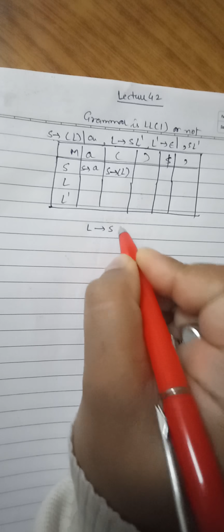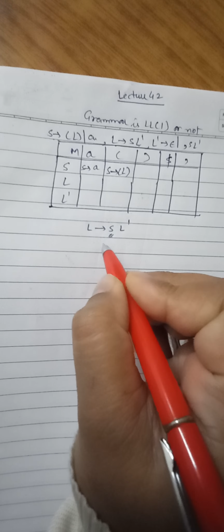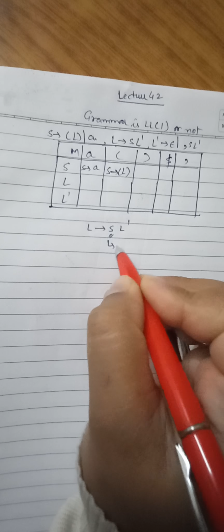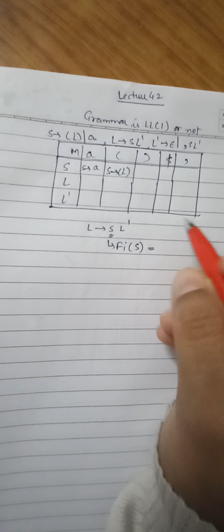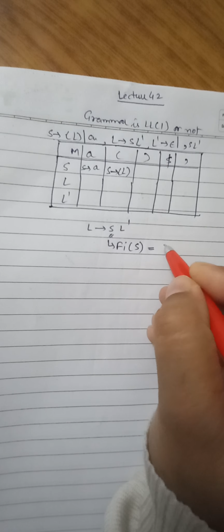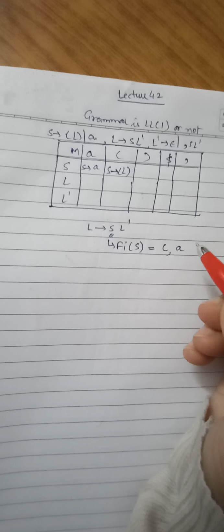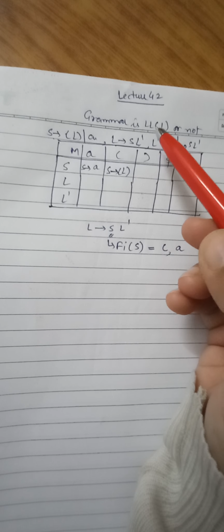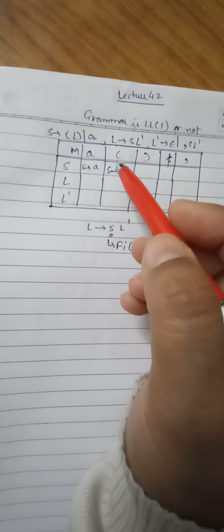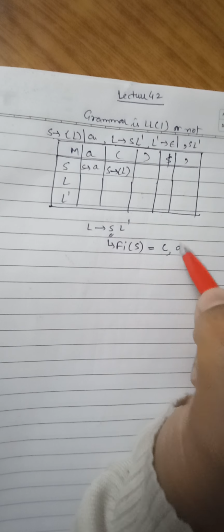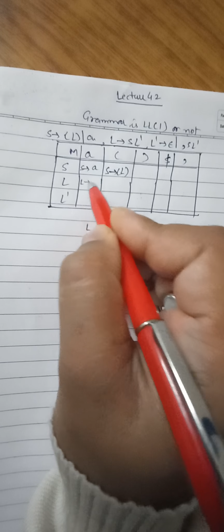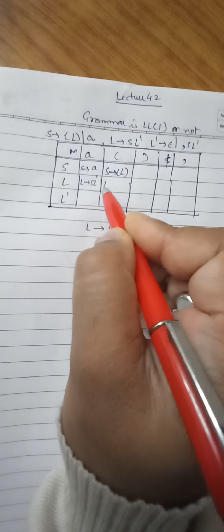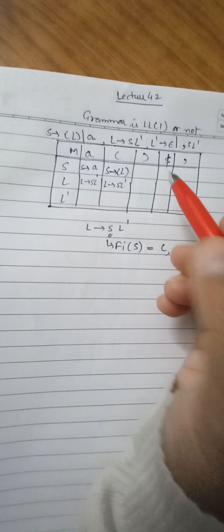Because S is the first variable, we take the first of S. What will be the first of S? The first of S will be the opening bracket and a. So L tends to SL dash will go here, under a and opening bracket.